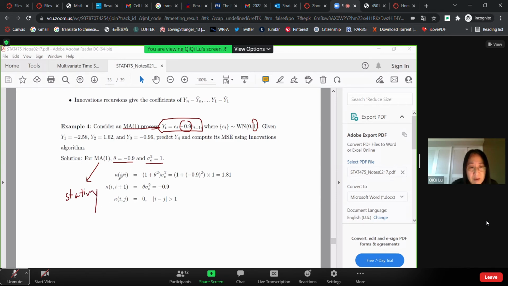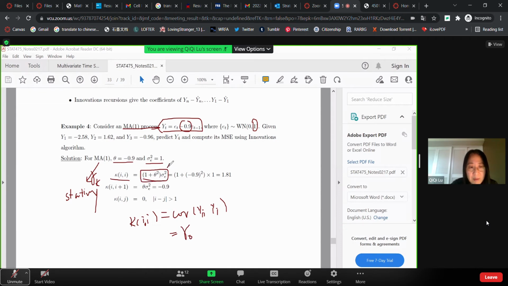If it's stationary, then the kappa function is basically just gamma k. So gamma ii, the covariance between yi and yj with i and j equal, is the variance, that is gamma 0 for MA(1).